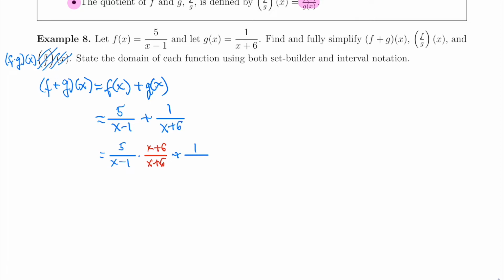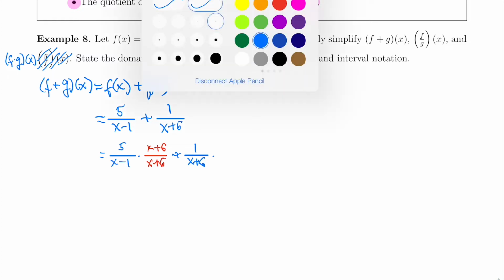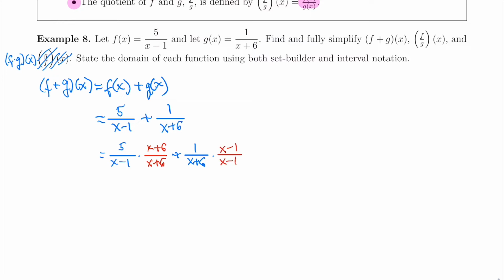We multiply by x minus 1 over x minus 1. So we have here 1 over x plus 6, and then times x minus 1 over x minus 1.